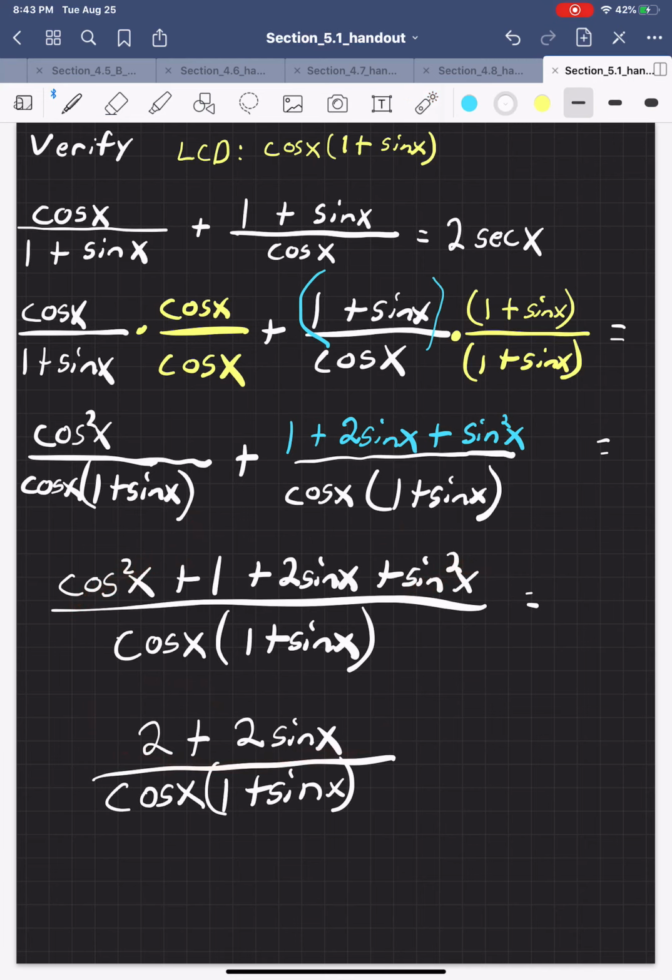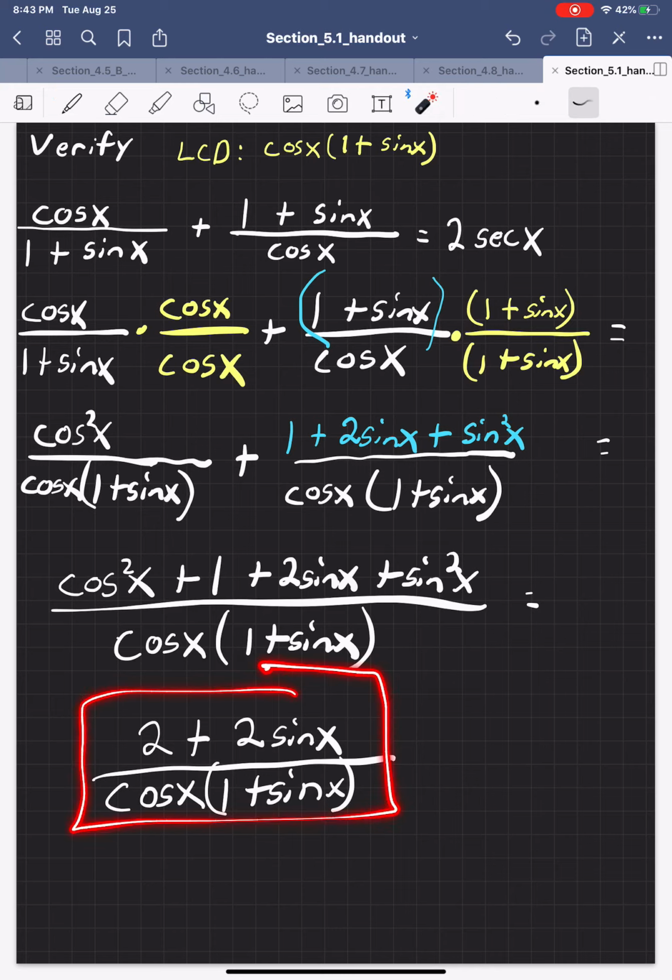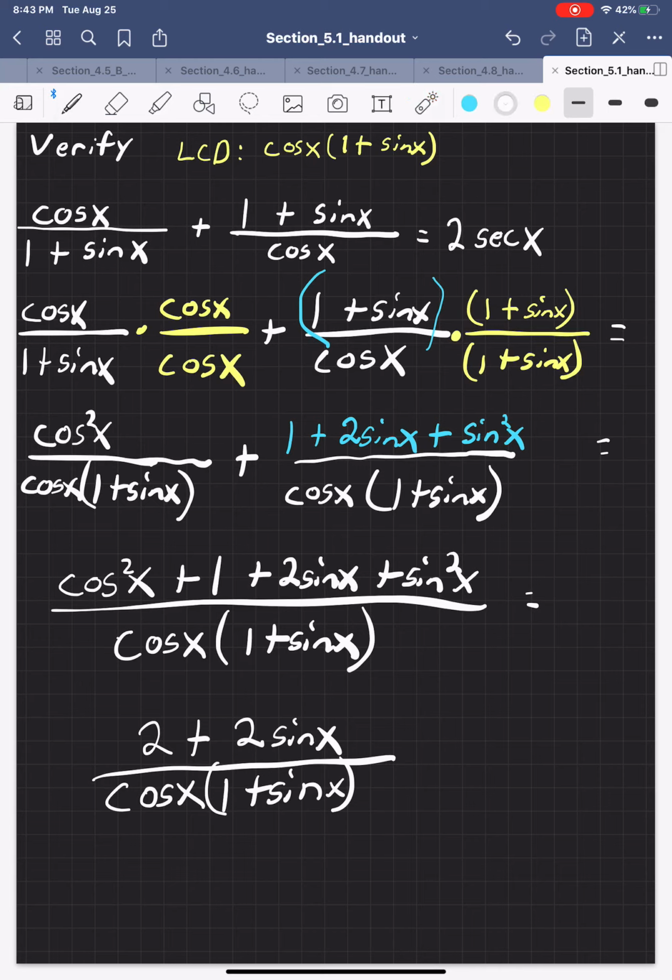All right, let's make sure we understand this. This still does not look like 2 secant of x, so obviously we're not done. All right, well, what else should we do? Right now, it's easy to start second guessing ourselves, thinking we did something wrong.